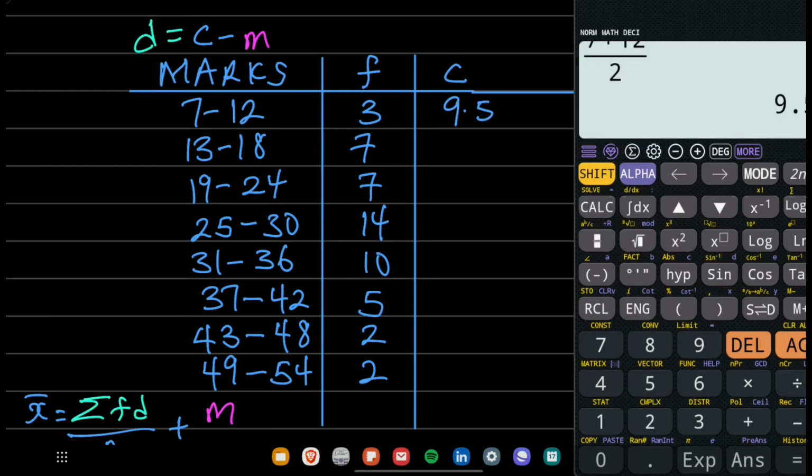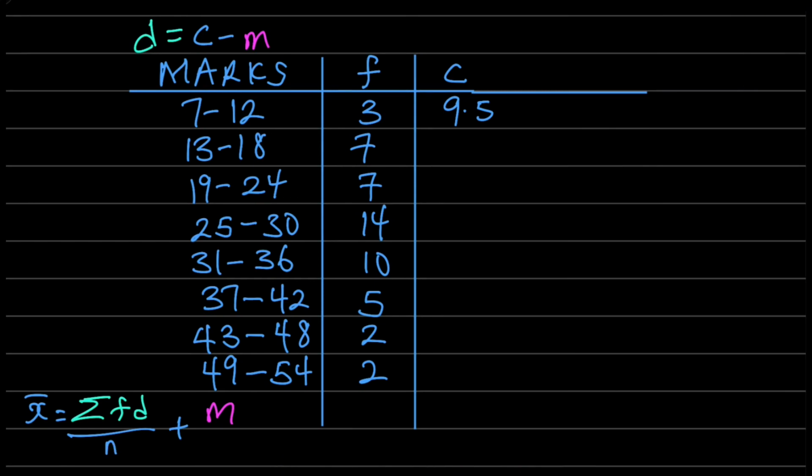You do the same for the second class. This is the second class, 13 plus 18 divided by 2. That is 15.5. So you do the same for every other class. We have there 19 plus 24 divided by 2.